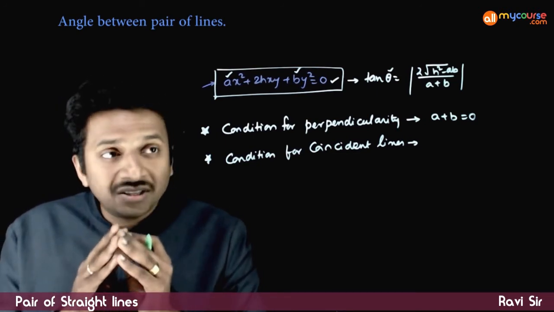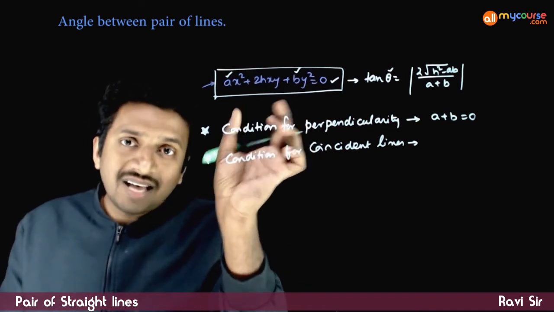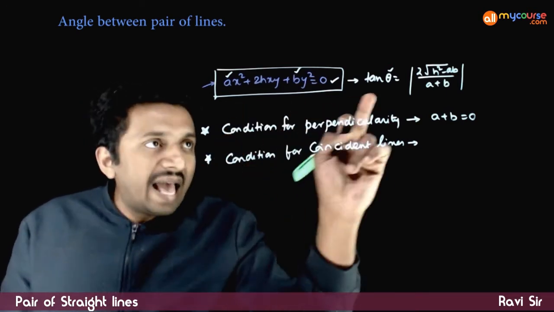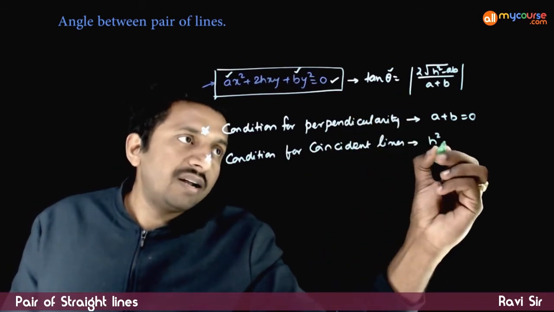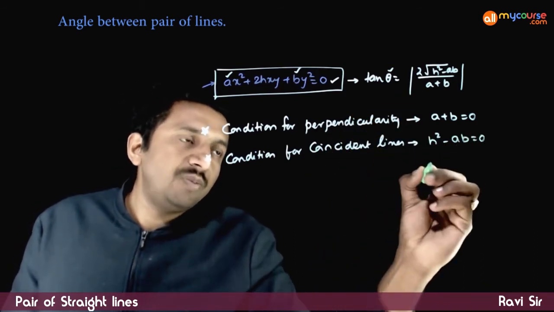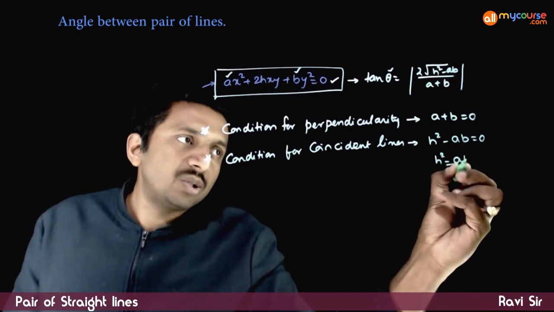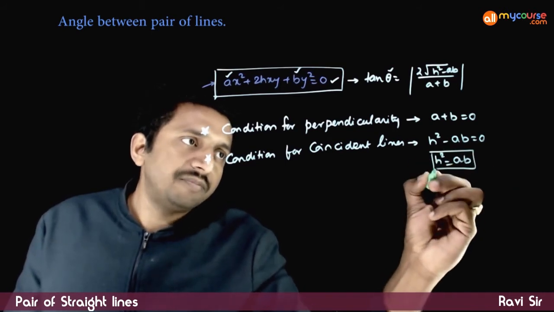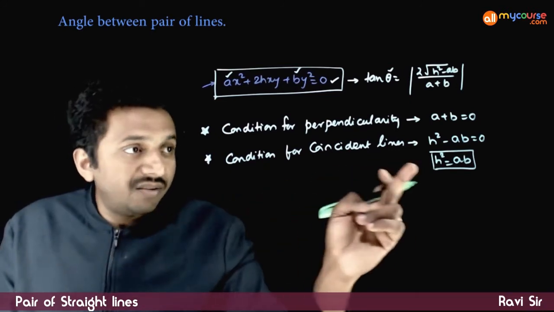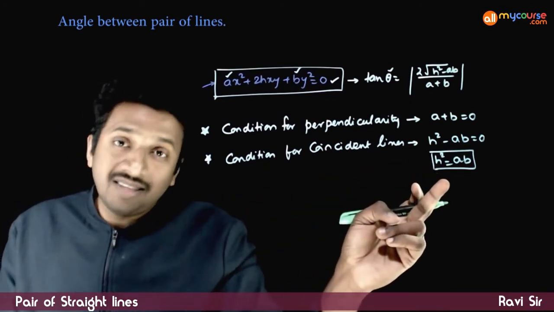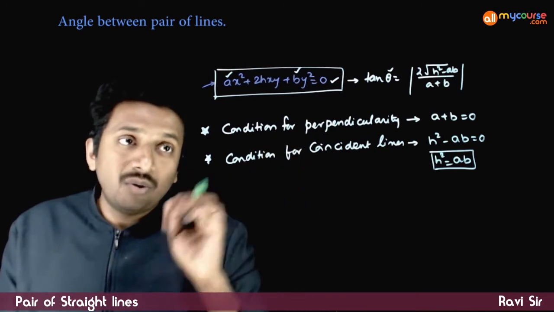So what is the condition that both the lines are coincident? The angle has to be equal to 0. So h square minus ab has to be equal to 0, or h square is equal to ab. So if h square is equal to ab, then the lines are coincident.